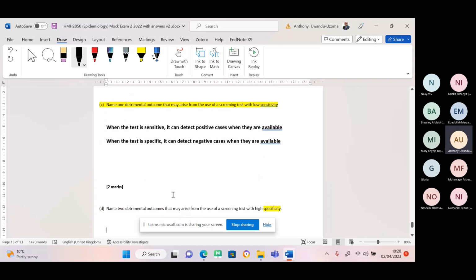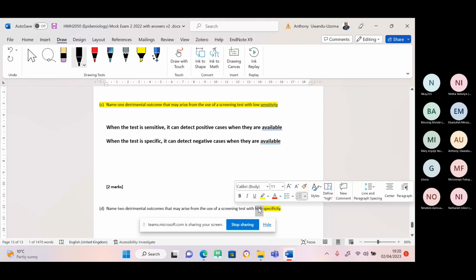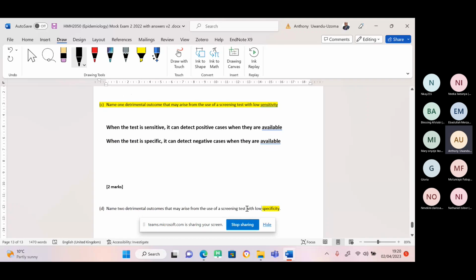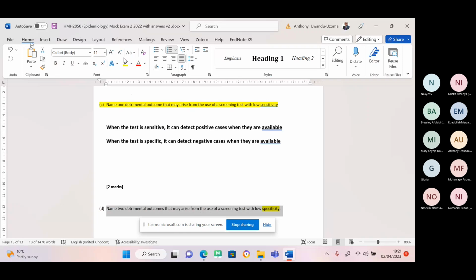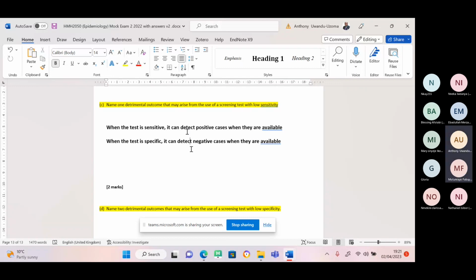Now, answer the next question. Ability to detect negative cases will be low, so it will be giving people positive cases instead of negative cases. Right.